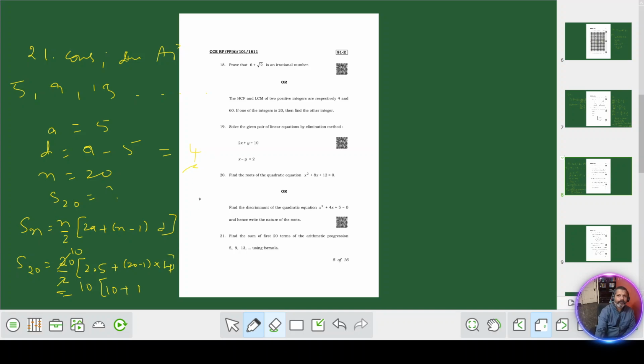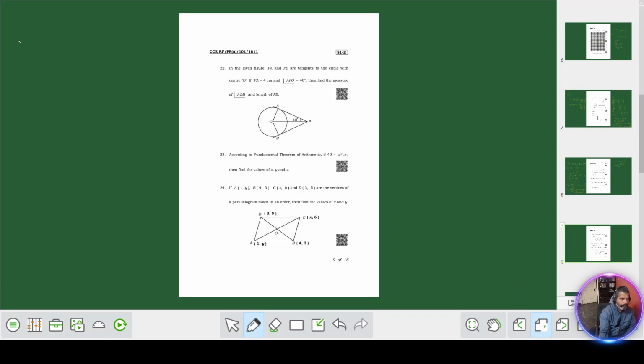Because we see here 4. So 19 fours are 76. After solving, what we get is 10 of 86. 860 is the S20. We'll move to the next question.